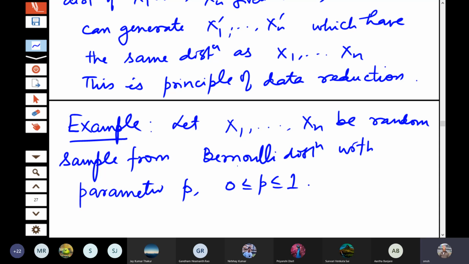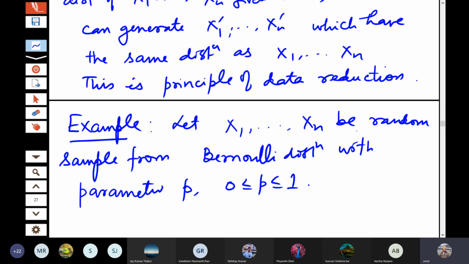If I have the values x1, x2, xn available to me, that means I have n trials and I have a record of that. For example, in the first trial there is a win, in the second trial there is a win, in the third trial there is a loss, in the fourth trial there may be a loss and so on. So out of the n trials, I have information on which trial resulted in success and which in failure.